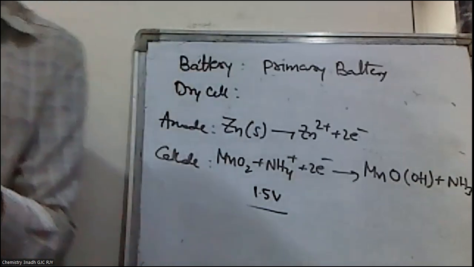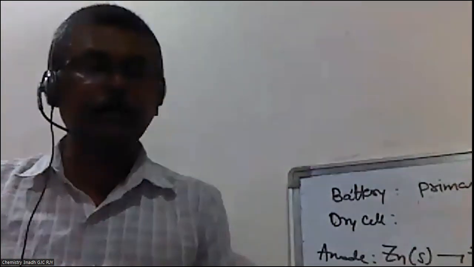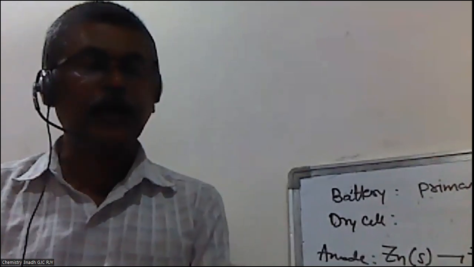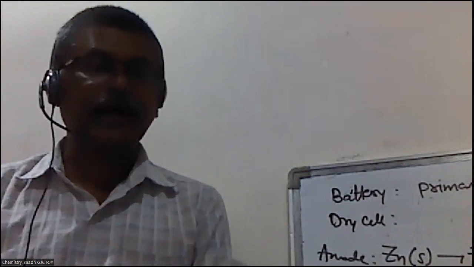The battery which cannot be reused we are calling the primary battery. The main familiar example of this primary battery is the dry cell or Leclanche cell.